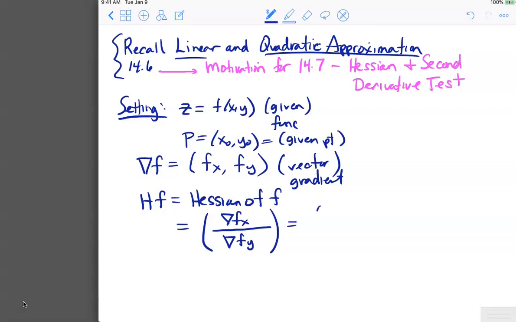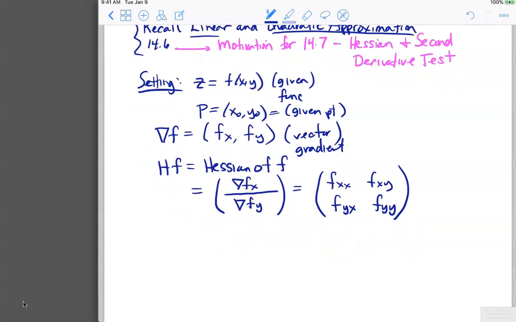If you stack those on top of each other, you'll get the gradient vector of fx, which is fxx, fxy, and then the gradient vector of fy, which is fyx, fyy. So here is the Hessian matrix. This is the equivalent of the second derivative of a function, and the gradient is your first derivative.